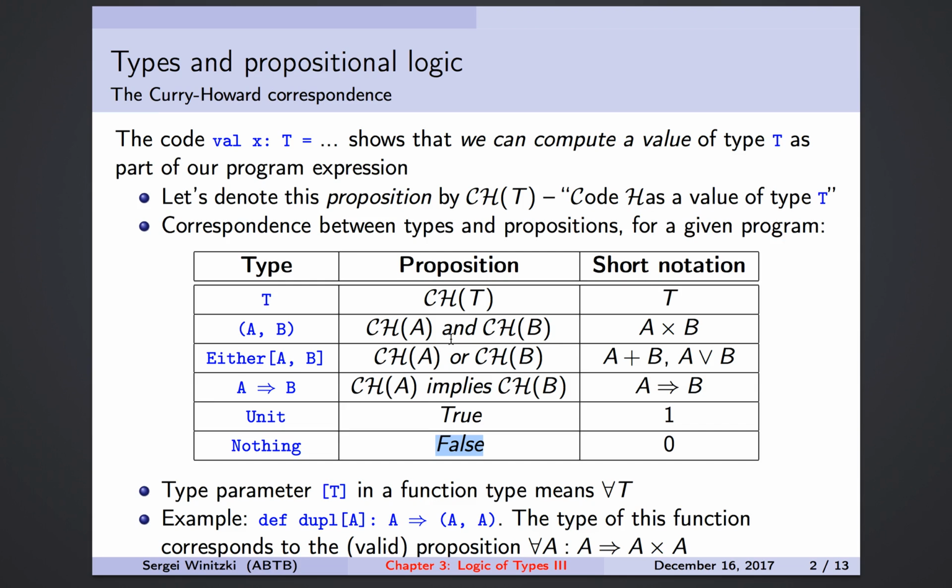In the short notation, we just represent the tuple type or the logical conjunction by this product symbol, direct product in mathematics. We represent the disjunction, or the or operation, by the plus symbol or this logical disjunction symbol.